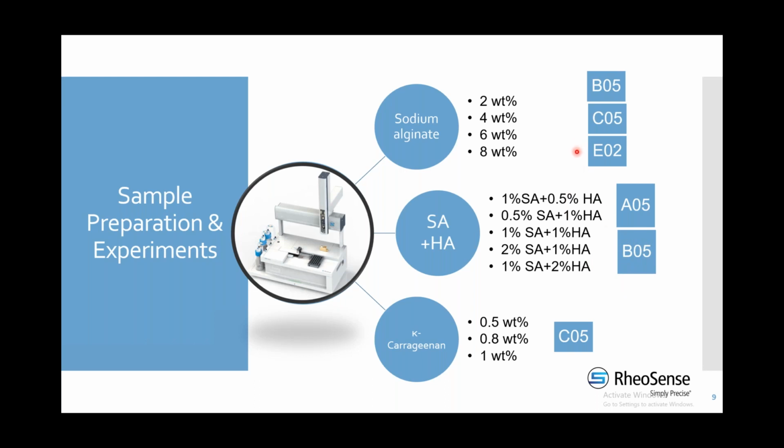However, for high viscous samples, it is better to use C05 and E02. Having multiple chips allows us to test a wider range of shear rates using just one instrument.